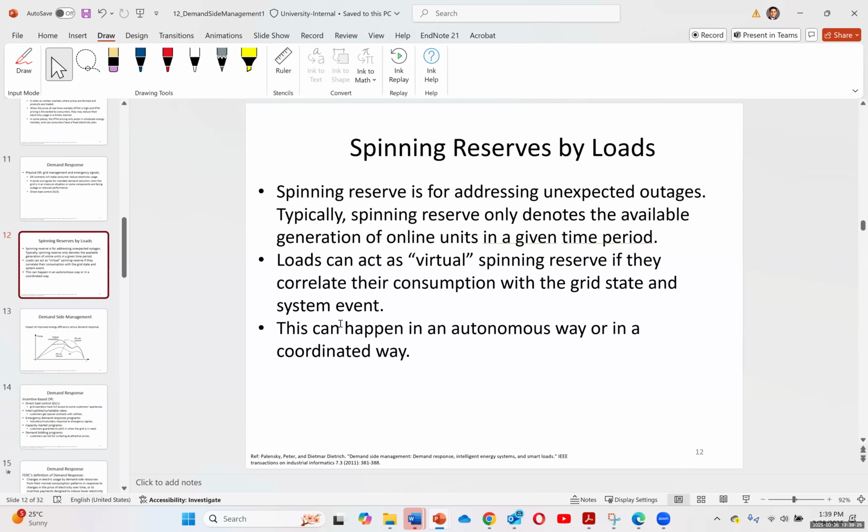So spinning reserves by loads is exactly how it sounds. Spinning reserves are generators that are running and on standby. When we have a surge in demand or an unexpected outage, they add to the supply. Typically, spinning reserve only denotes the available generation of online units in a given time period.